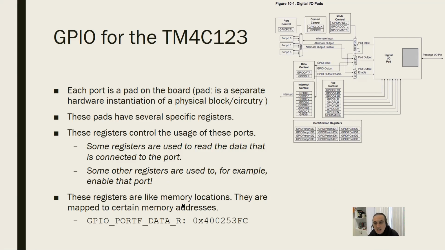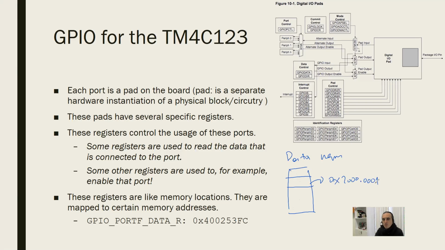These registers are actually like memory locations, guys. They are mapped to certain memory addresses, which means, you know, the memory. Let's draw a part of the memory. So this is the memory. This is the data memory, right? This is a cell. This data memory has this memory address.